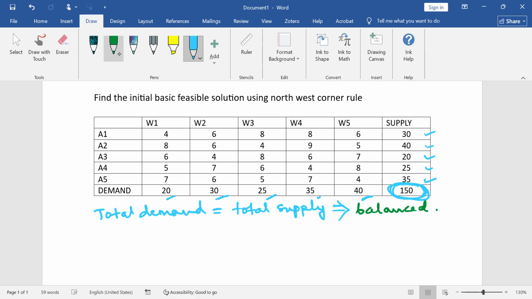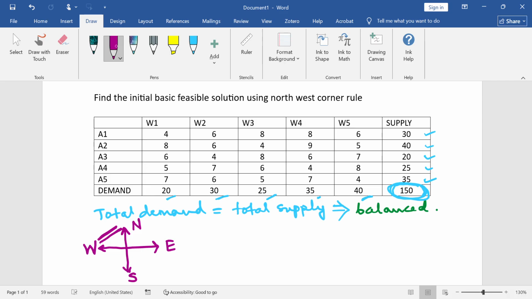Now, we are going to solve this by making use of the northwest corner rule. So let's just fix up the directions first. Why am I doing this? Just to show you which is the northwest corner. So we have east, south. So we are going to start our process of allocation from the northwest corner in this matrix.